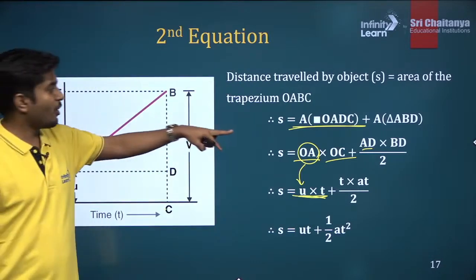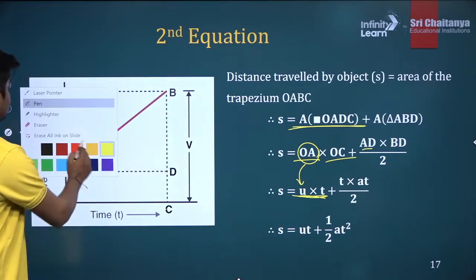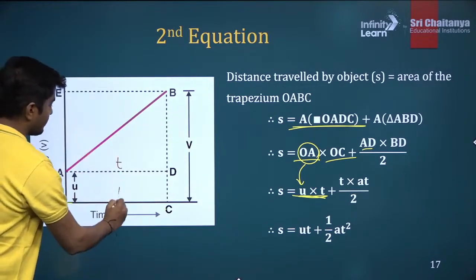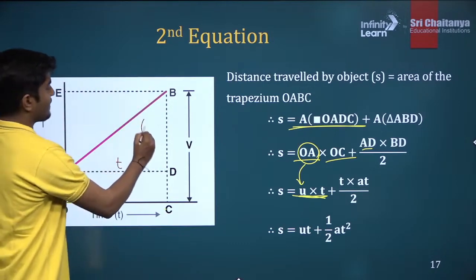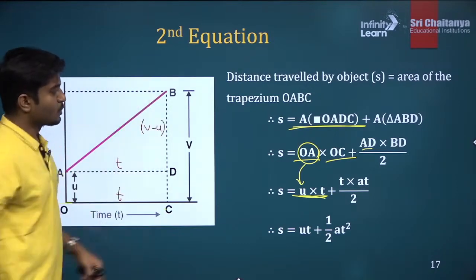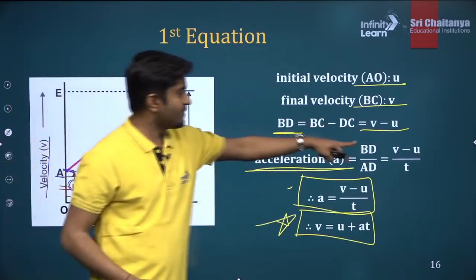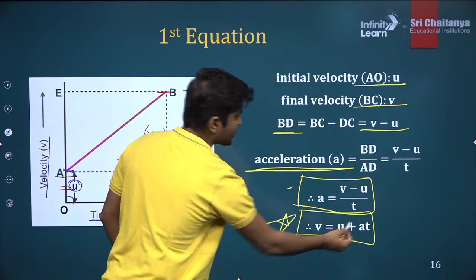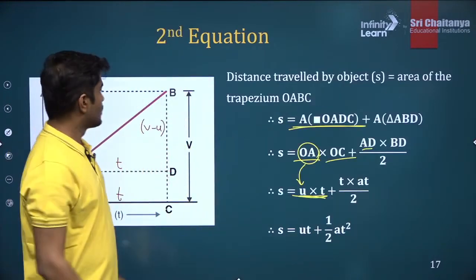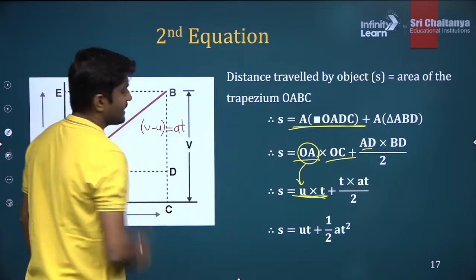Now half of AD, what is AD? It is this length, which is the time t. And what is BD? BD is nothing but v minus u. From the earlier graph, do you remember what v minus u is? v minus u is nothing but at. So I can write v minus u as a times t.